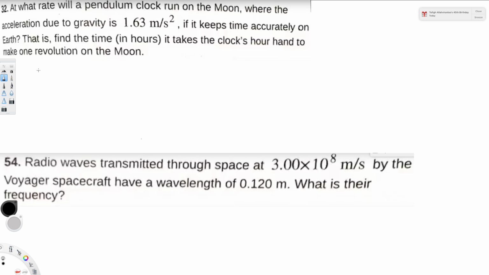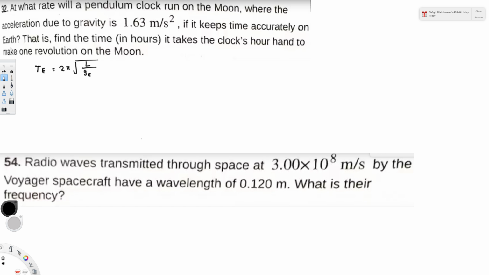So we know the period of this pendulum clock, T_E, due to Earth is going to be equal to 2 pi over the square root of L over g_E.